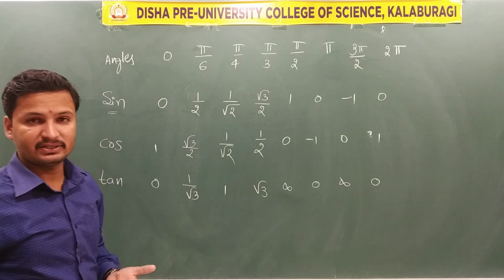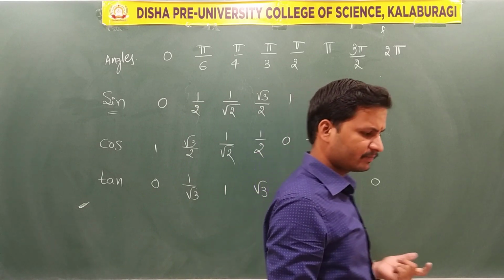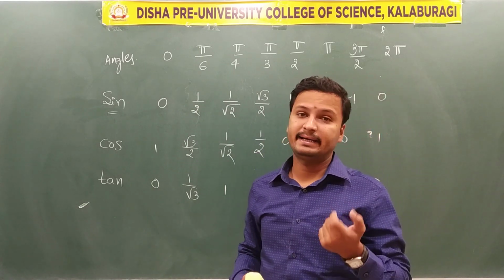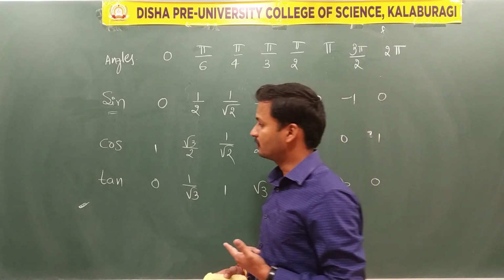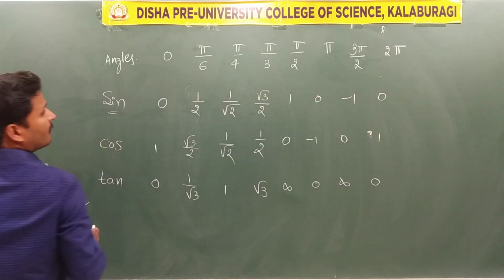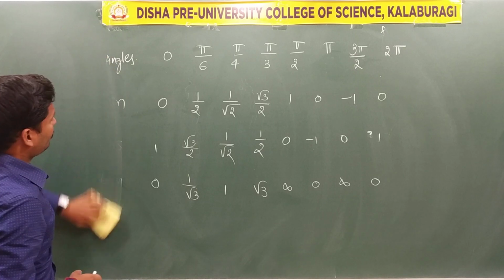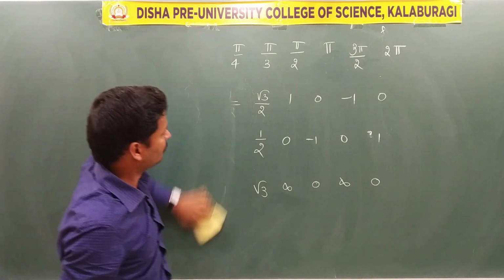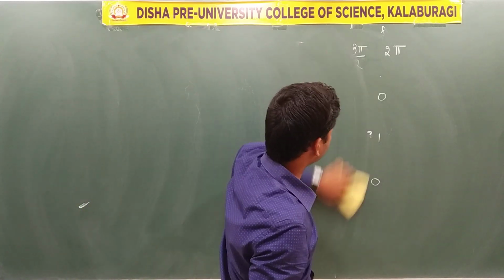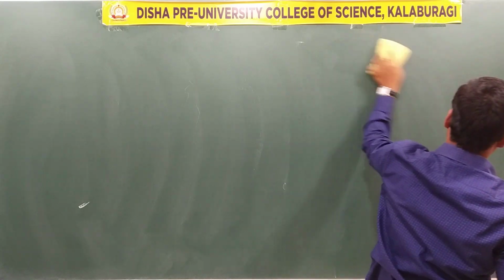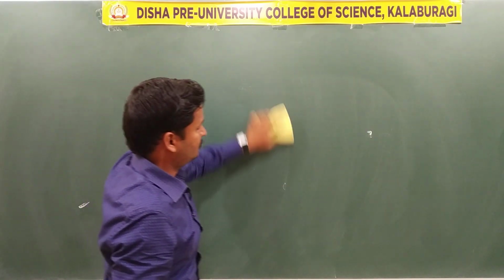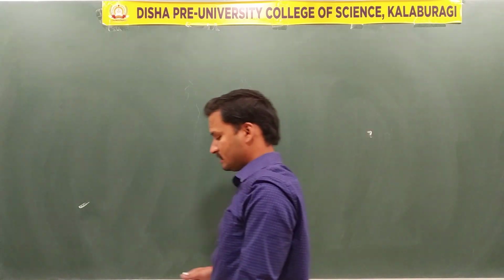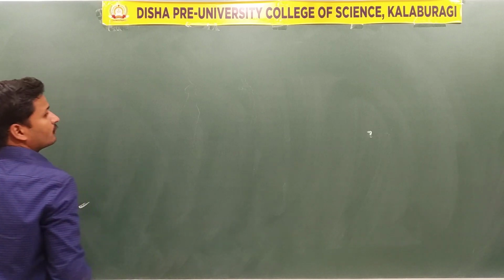trigonometric identities. These are very, very important. We'll see what those trigonometric identities are. There are three important trigonometric identities.